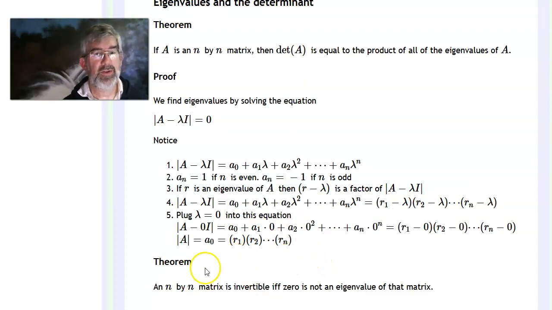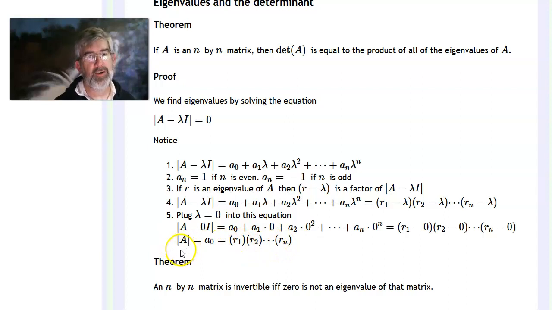This leads us to one theorem that I want to end with: an n by n matrix is invertible if and only if 0 is not an eigenvalue of that matrix. You can see here that if one of these r's is equal to 0, then the determinant of A must be 0, and we know that that's equivalent to being non-invertible. Likewise, if this is invertible, you can't have a 0 over here.